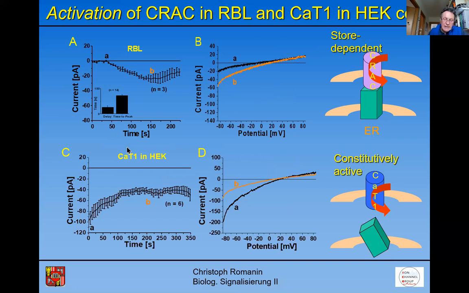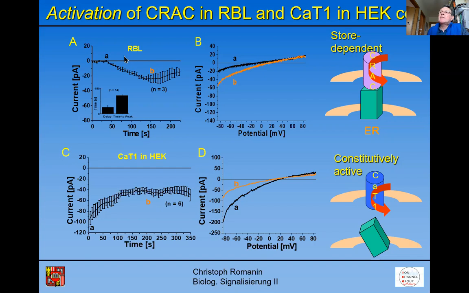So here are very typical whole cell recordings of the calcium current. And remember, we have here the two cell systems. The RBL cells have the endogenous CRAC current. That was actually a cell which has been used in 1990, 30 years ago, to demonstrate that there is a CRAC channel, a highly selective calcium channel, in those mast cells present.